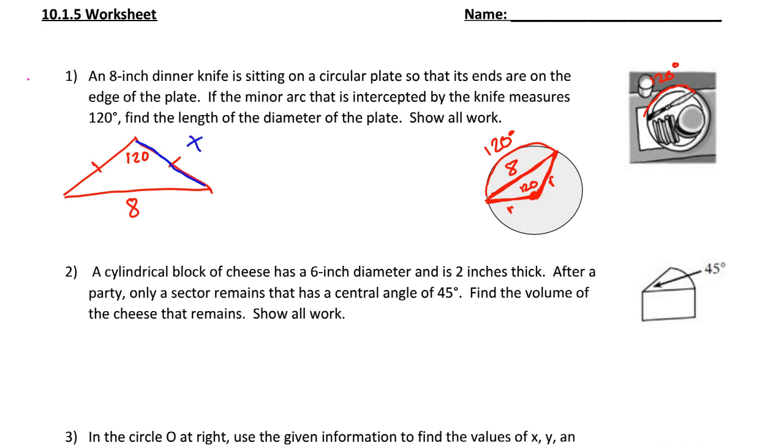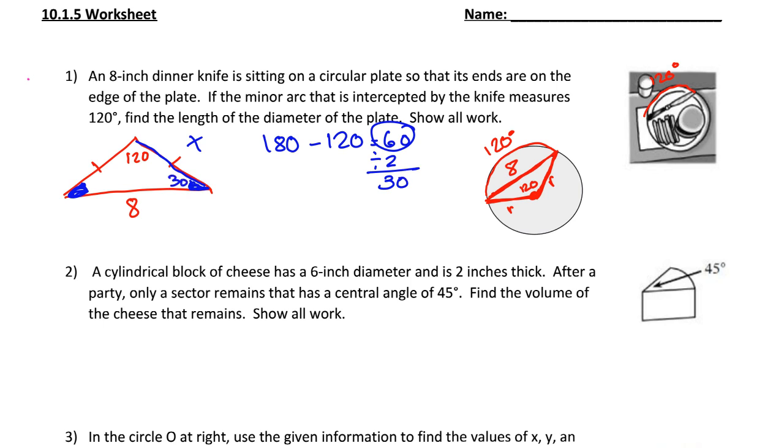I'll take this triangle and use the triangle angle sum theorem. 180 minus 120 will give you 60. This 60 will be the sum of those two angles. Because it's an isosceles triangle, you can divide by 2 and it will give you 30 degrees.